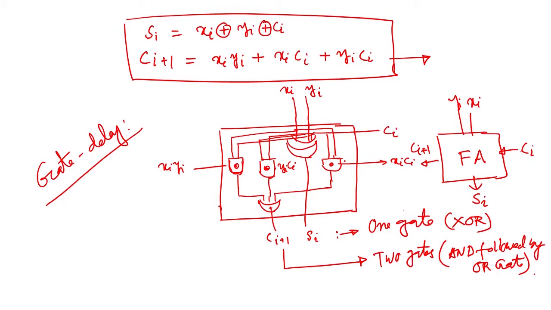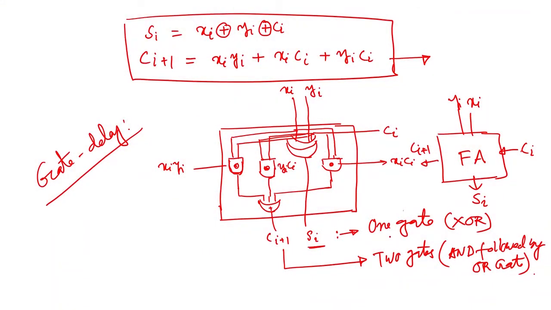So, therefore, here if you give the inputs x i, y i and c i, we assume that all inputs are given simultaneously at the input gate XOR, and then obviously you get to the AND gate also. So, how many gates is it passing to get the final output? The final output is S i.